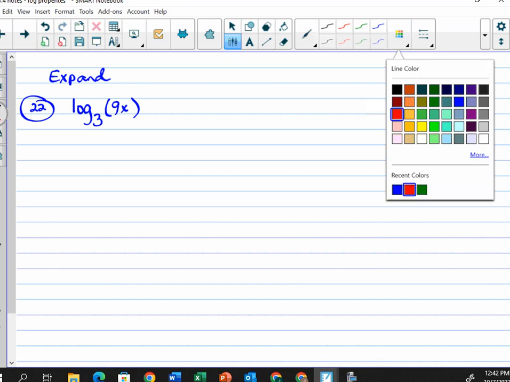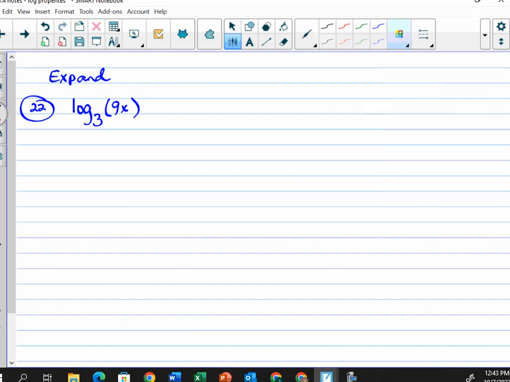Okay, when I say expand, I want you to break this into as many parts as you can without breaking it into... I see 9 times x. So what does that mean I'm going to put in between my logs? Plus. So I'm going to have log base 3 of 9 plus log base 3 of x.